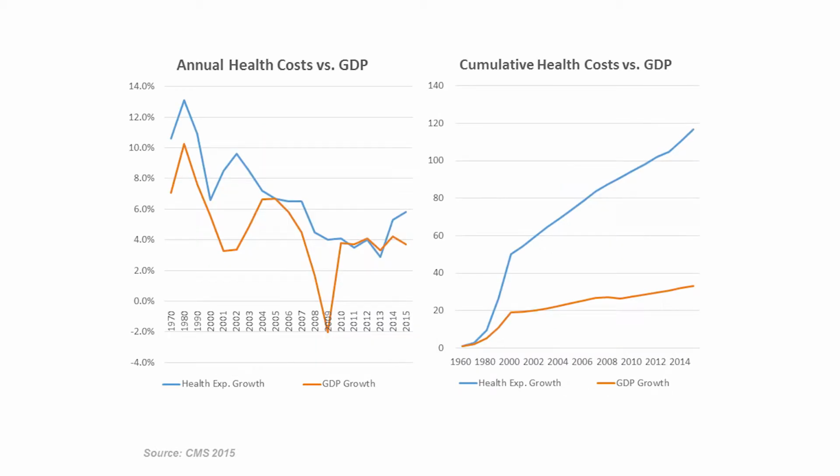So if we look at the annual health cost in relation to the GDP, you can see that overall it tracks a little bit at the same increase with just a little bit more each year than GDP. But when we look at that from a cumulative standpoint, what that really means is that health expense is growing exponentially faster than our GDP growth.